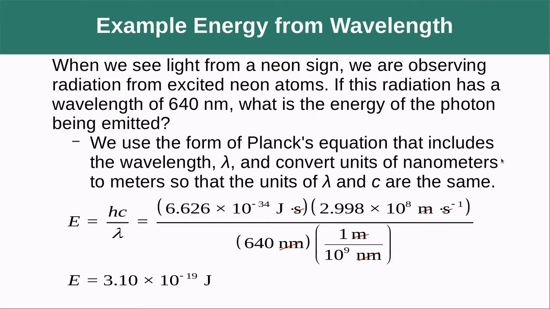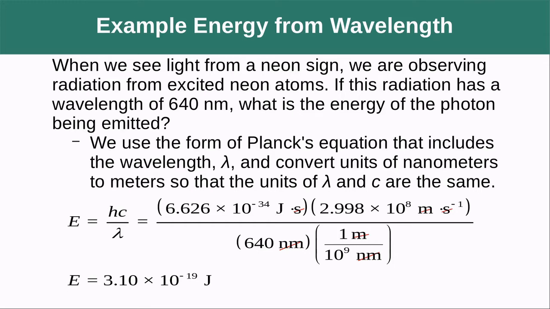So let's do a little example where we're looking to calculate the energy from the wavelength. When we see light from a neon sign, we are observing radiation from excited neon atoms. If this radiation has a wavelength of 640 nanometers, what is the energy of the photon emitted?